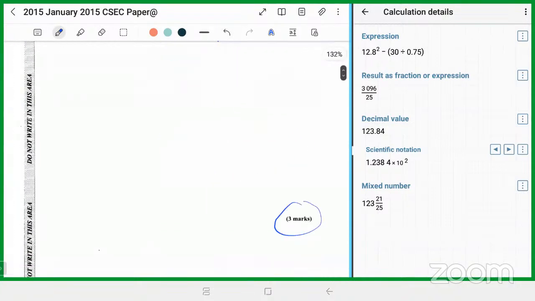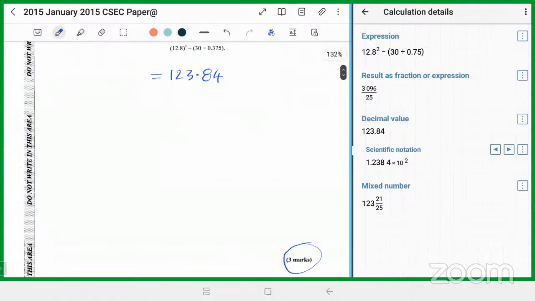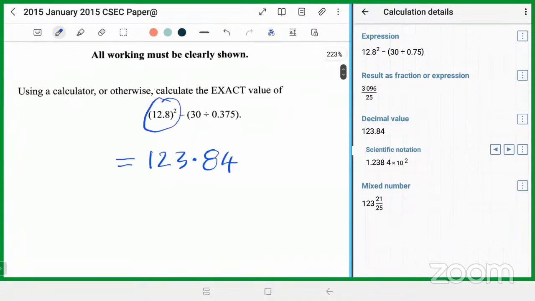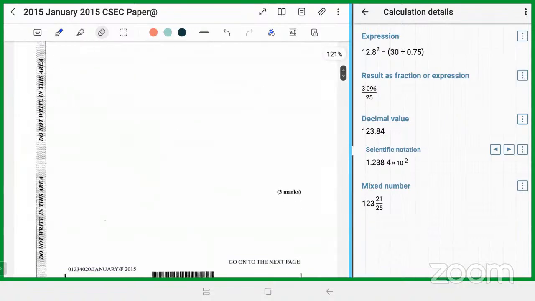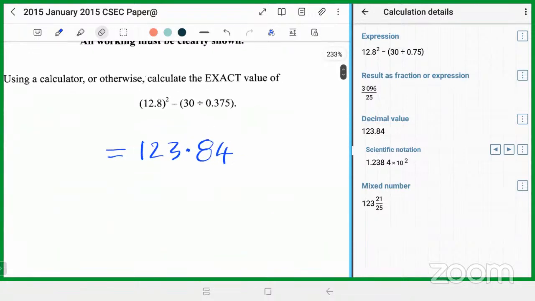Yeah, 3 marks. Wow, I wonder why it's 3 marks. Since it's 3 marks, I would go back and show some work, working out this part and this part separately. I fail to believe they're giving 3 marks just to work this out, so just because it's 3 marks, I'm going to work it out step by step.